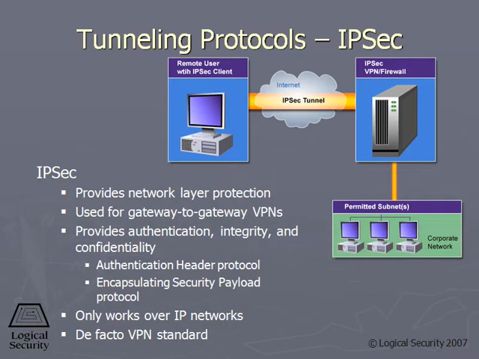Now, we went over IPsec pretty in depth in the cryptography domain, so this should be just a review. IPsec works at the network layer, and it's the de facto VPN technology, and it can only work over IP networks. So this is definitely information you need to know.